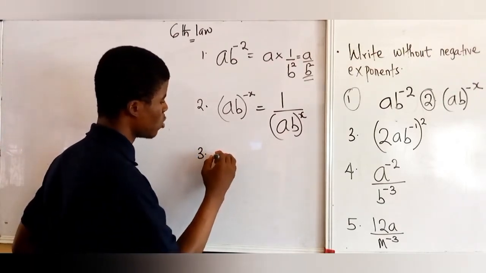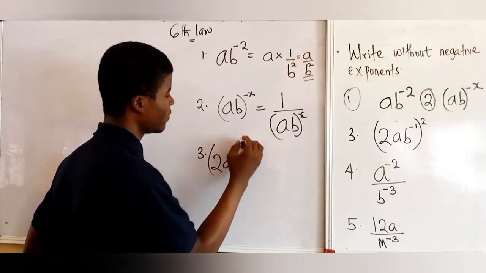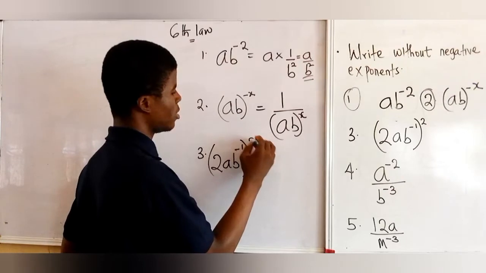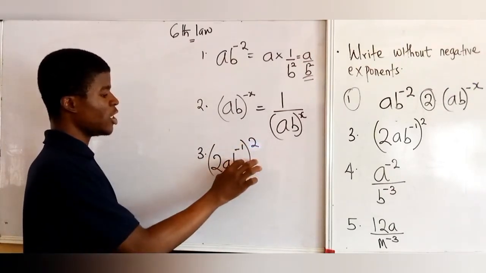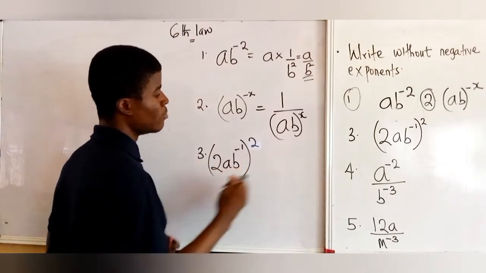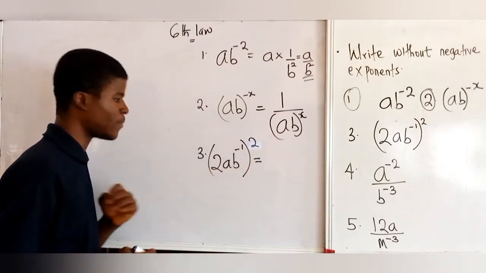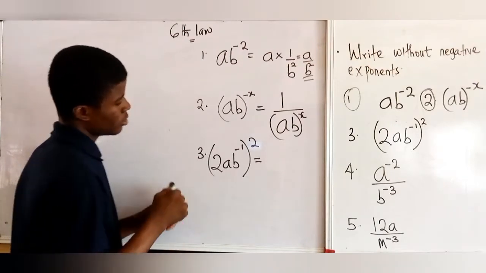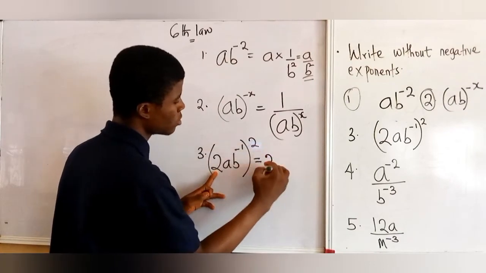2ab to the power of minus 1. 2ab, b is being affected by the negative exponent, and all is being affected by a power of 2. So this b is what we are going to affect here. But since it's being affected, let's apply the 4th rule, or the 3rd rule. This is 2 squared, that's 2 to the power of 2.